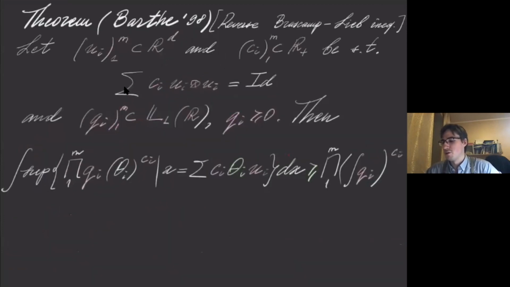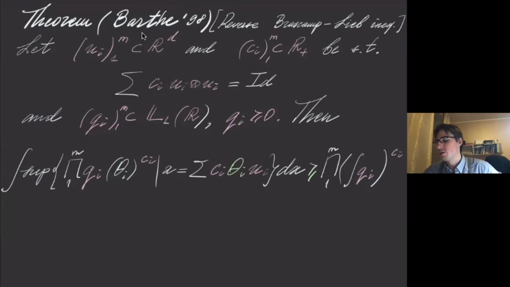Then you recall the reverse Brascamp-Lieb inequality proved by Barthe 20 years ago, which has a very impressive form, and I believe that here at most four people have ever seen this inequality, but it is very nice and has led to a few great results in convex geometry.